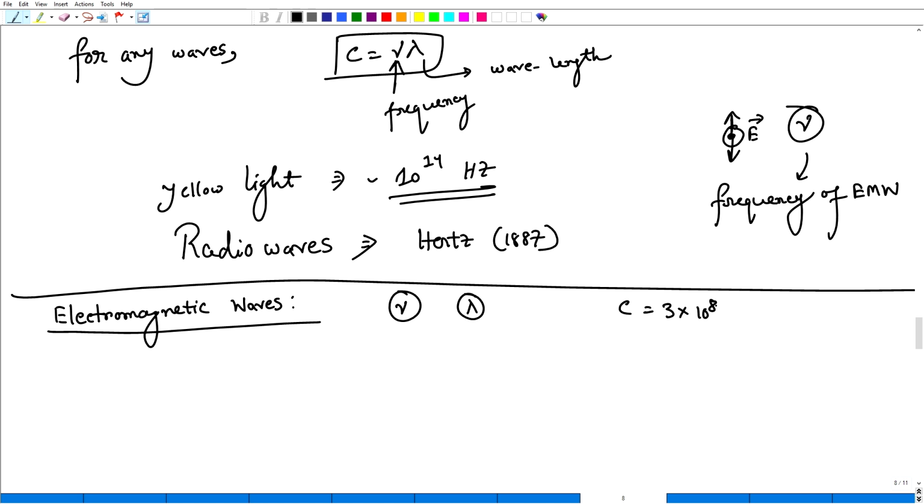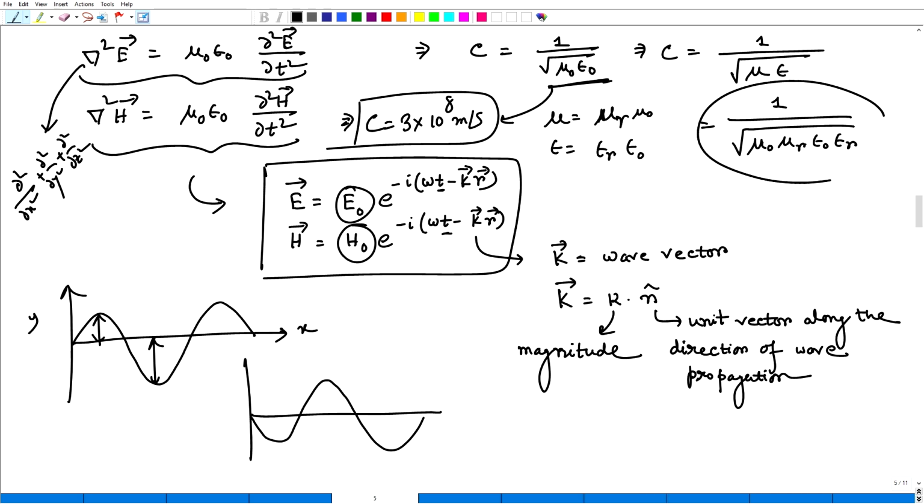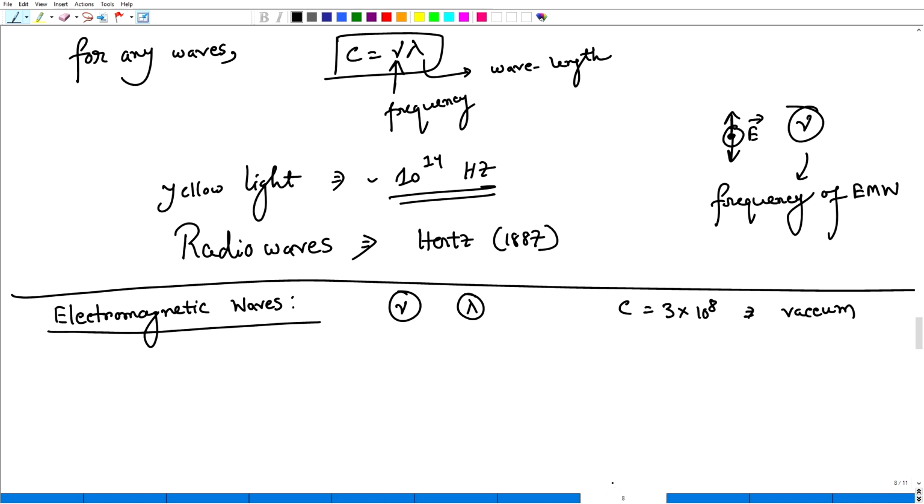Mind it, this c is in vacuum obviously. What happens in other media? This equation is valid, and the speed should be less than 3 into 10 to the power 8 meter per second, because in vacuum it is mu 0 epsilon 0, and in a medium mu r and epsilon r are greater than 1.